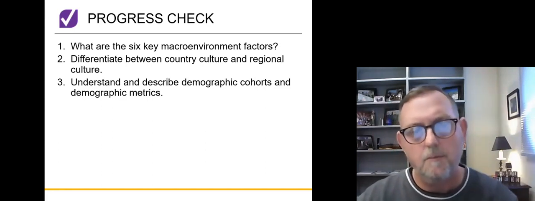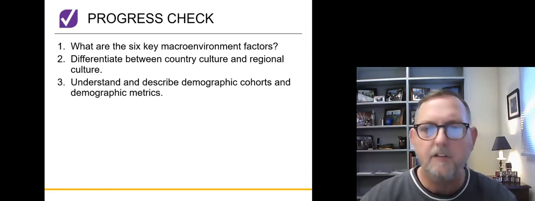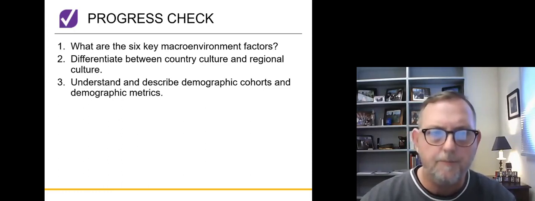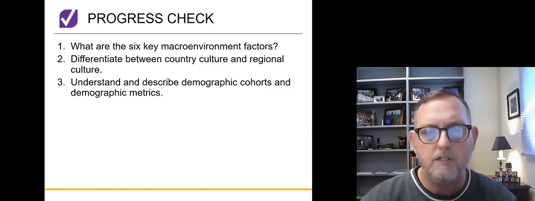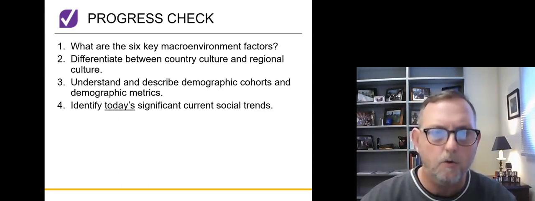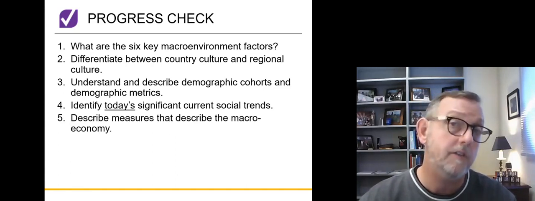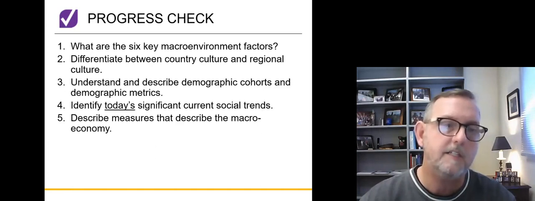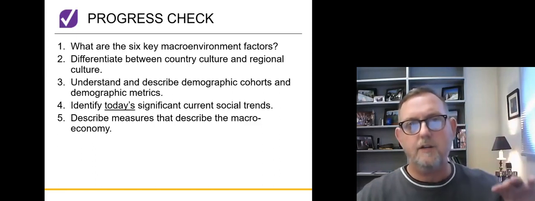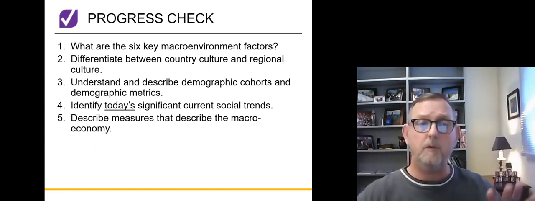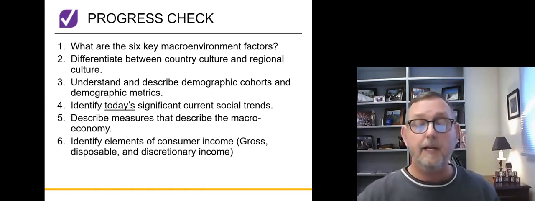So think and remember what those 6 macro environmental factors are. We had the idea of culture, regional and country culture. We talked about demographics, very specifically age cohorts and demographic cohorts. Understand how they're devised and why they exist. We talked about 5 distinct social trends that are really important. Remember what those are, and be able to talk about each of those 5.